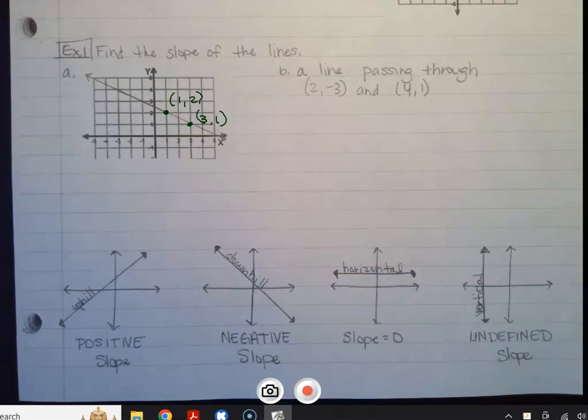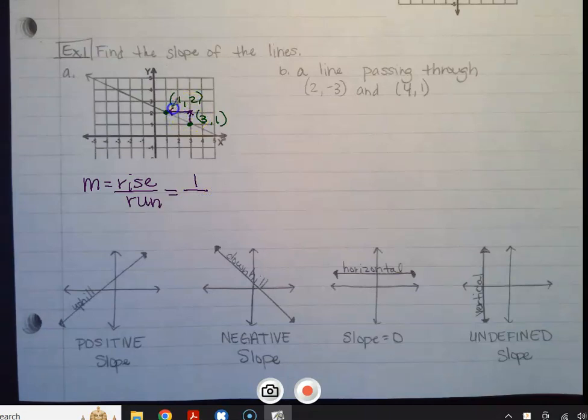The 3, 1. Okay. So remember, slope equals the rise over the run. So how much am I going to rise from 3, 1 till I get lined up? Cheyenne? 1. Okay. And how much do I run, Cheyenne? 2.